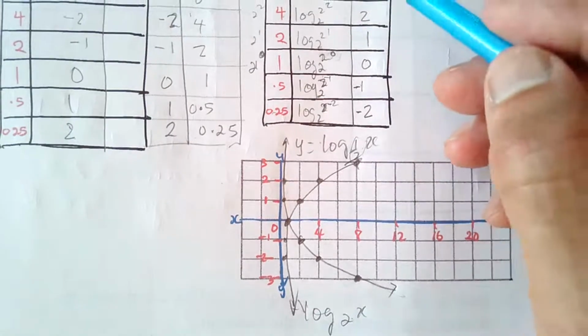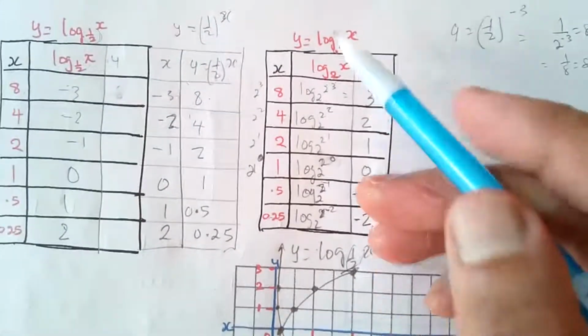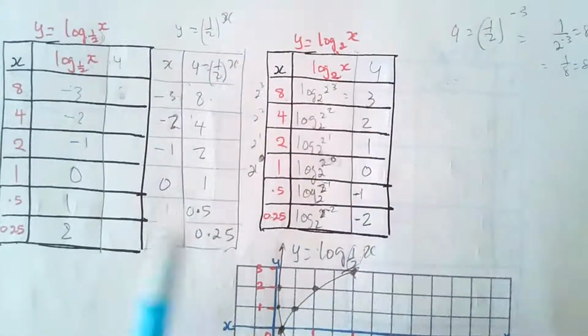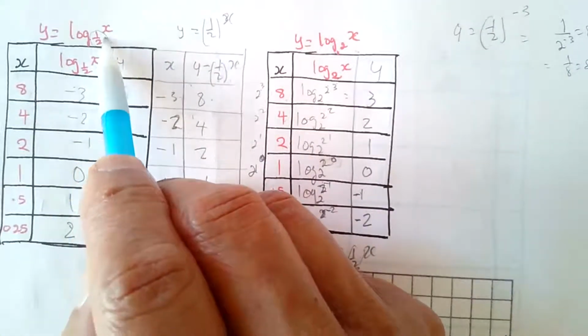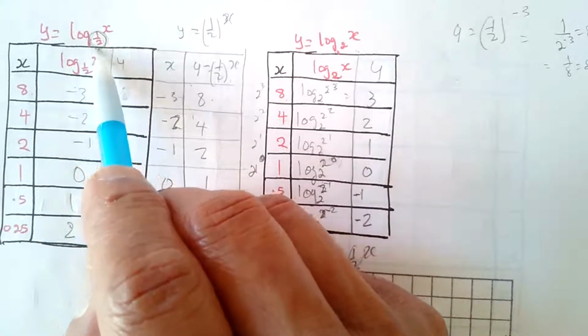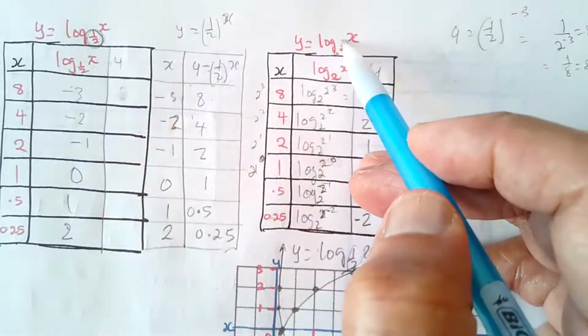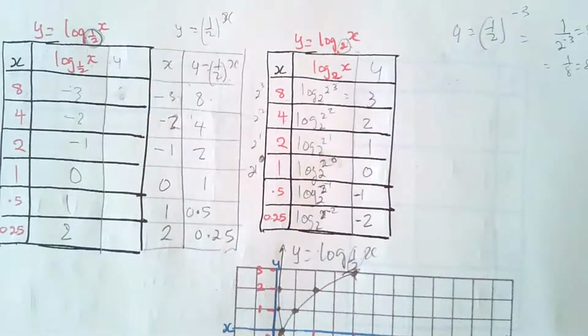So log 2 of x is increasing, log half x is decreasing. So notice when the base is between 0 and 1, it's decreasing. If it's greater than 1, it's increasing.